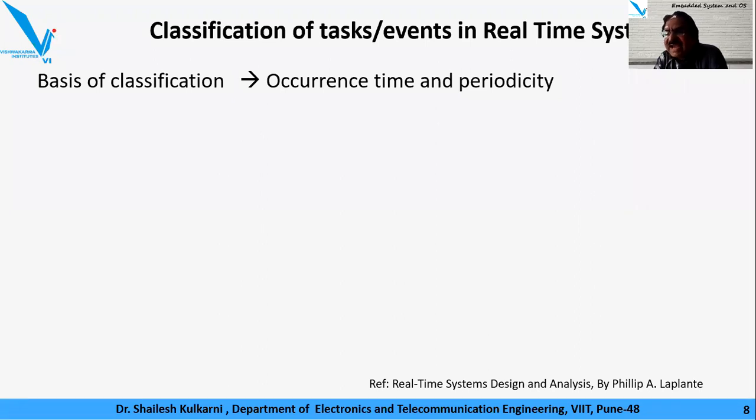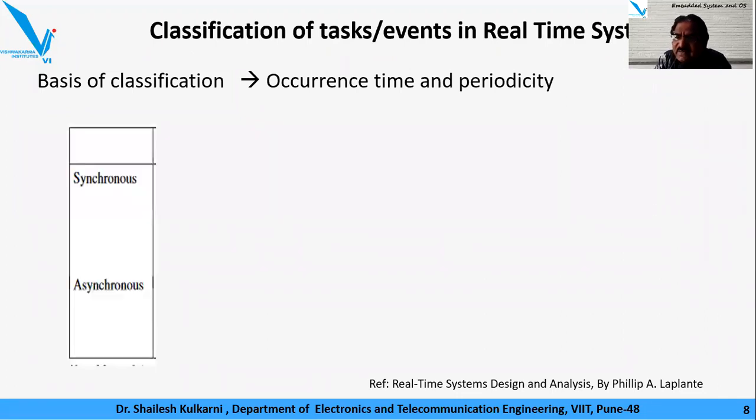Some events might occur very periodically, at a regular interval and at a fixed time of occurrence. Or some events might be estimated in time for their occurrence, but this estimation is within a band, not at a specific instance. Getting my point? In general categorization, the very first thought is the synchronous event and asynchronous event.